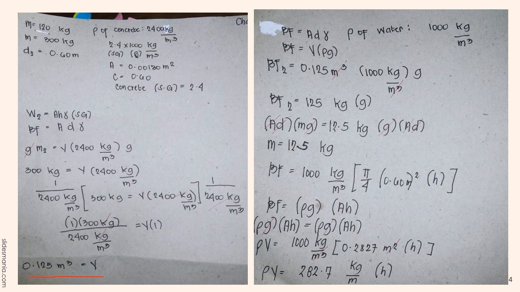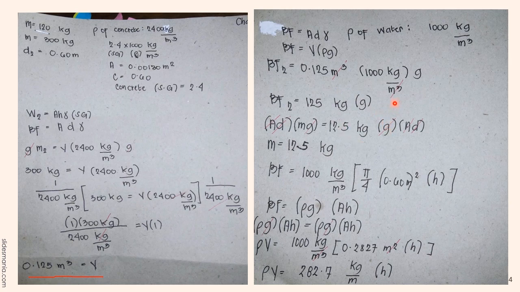Next is solving for the buoyant force, which is written as buoyant force equals area times the depth times the specific weight, or buoyant force equals the volume times rho g. The density of the water is given as 1,000 kg per cubic meter. Solving for buoyant force 2 is equal to 0.125 cubic meter times 1,000 kg per cubic meter.